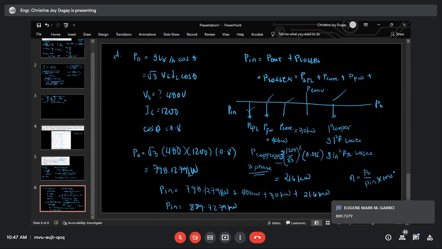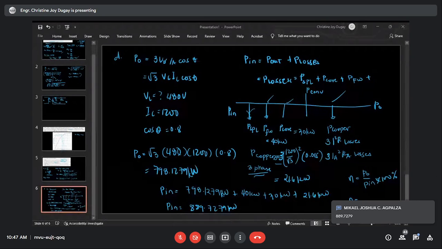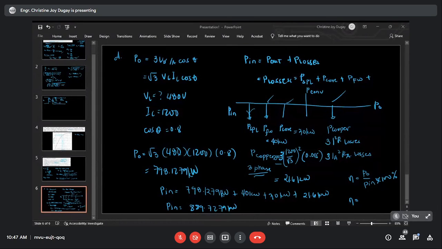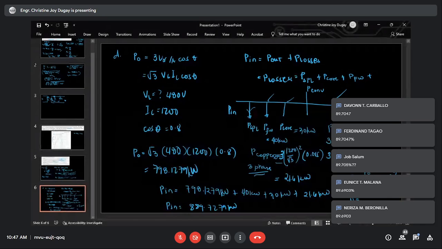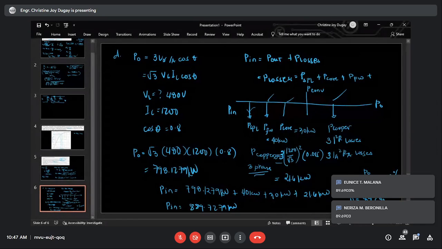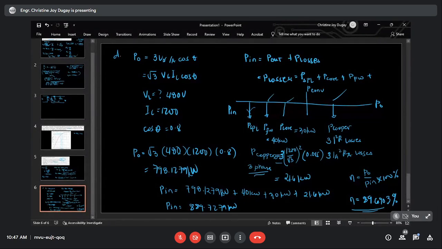Times na lang siya ng 100%. So efficiency po natin, that is equal to 89.6903%, no? So that is now the efficiency of our generator.